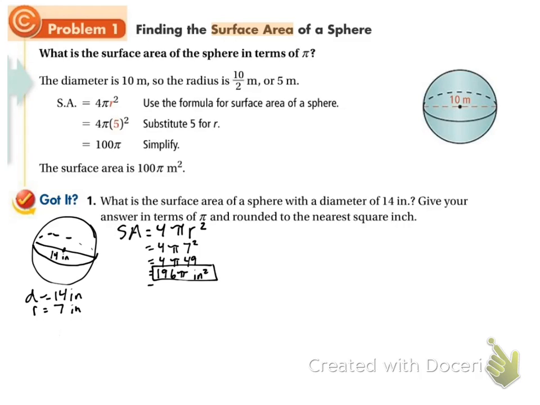That's one of our answers. Then if we multiply that by pi, we get 616 inches squared. So there are two answers. Remember, your units are inches squared because we're talking about area, not volume.